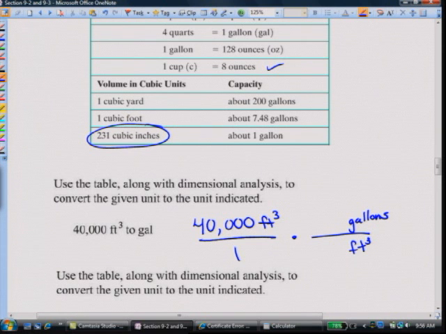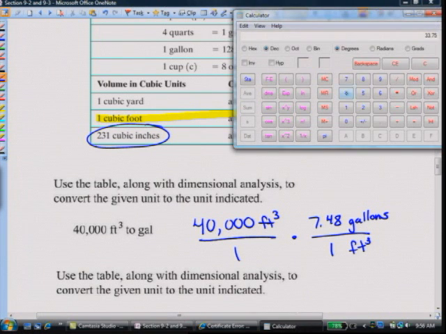We're going to use this one: 1 cubic foot is about 7.48 gallons. So I'll put 7.48 in for gallons and 1 for cubic feet. I'm just going to multiply 40,000 by 7.48, and you get 299,200 gallons.